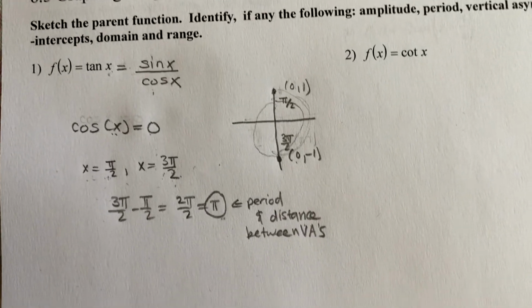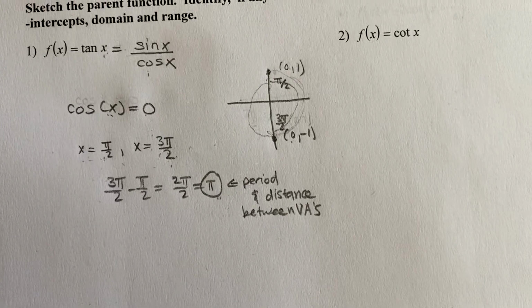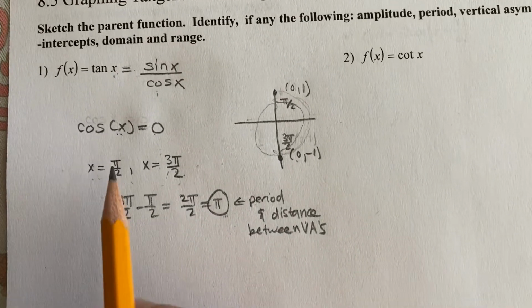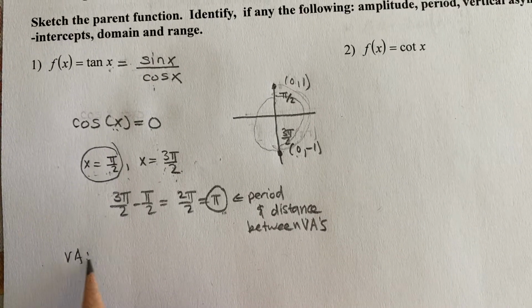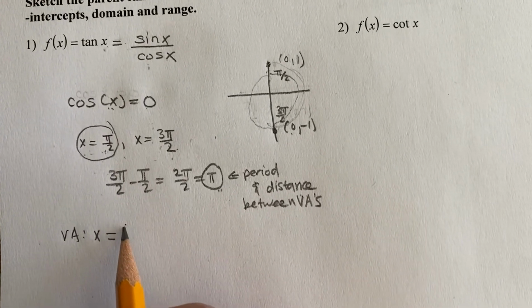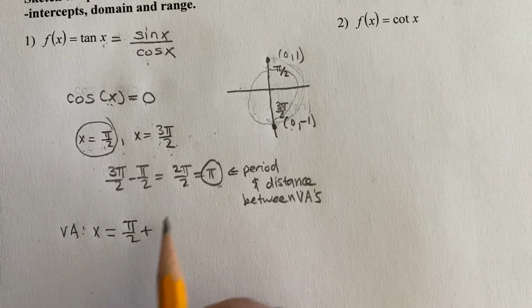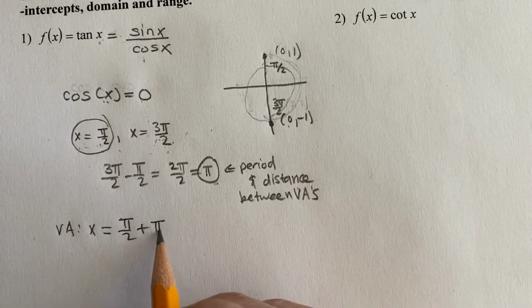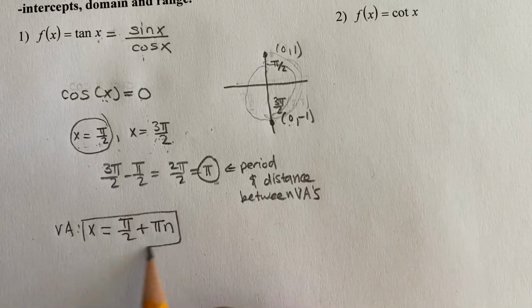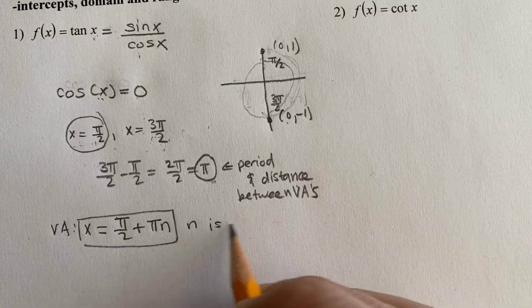And so on a quiz or test, if I say, find all the vertical asymptotes of this function, you would take this first VA right here and say all the VAs are x equals pi over 2 plus whatever your period is. In this case, the distance between here and here is a full pi, so plus pi n, and n is an integer.